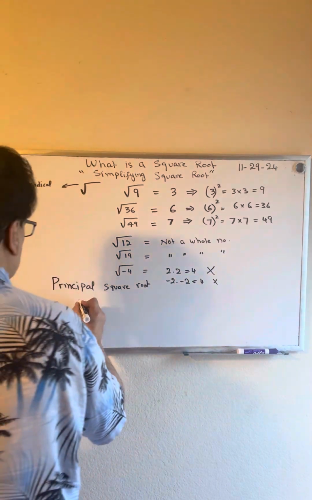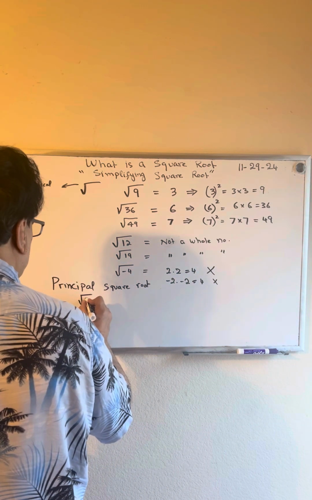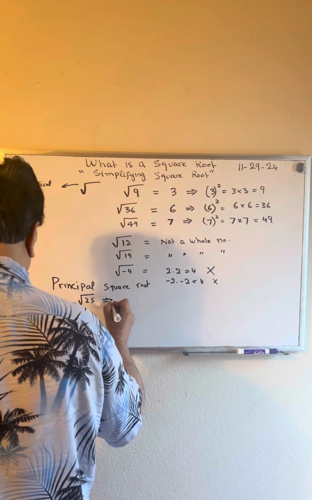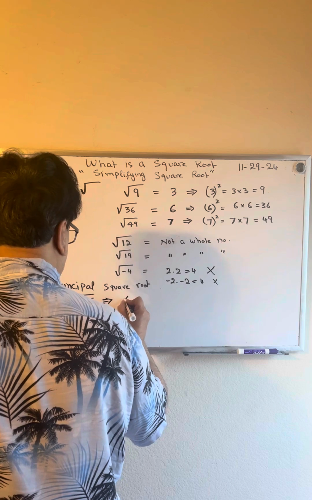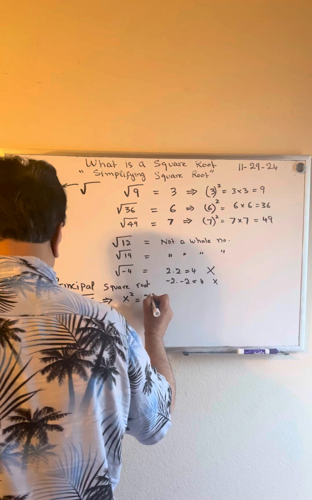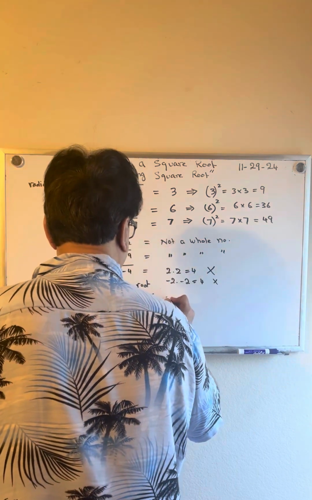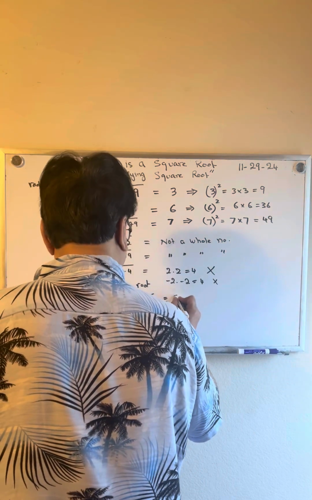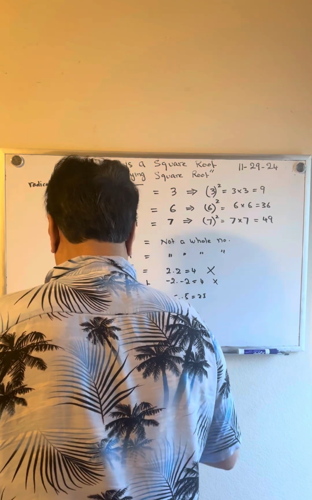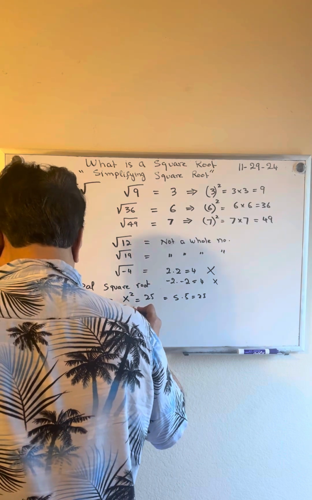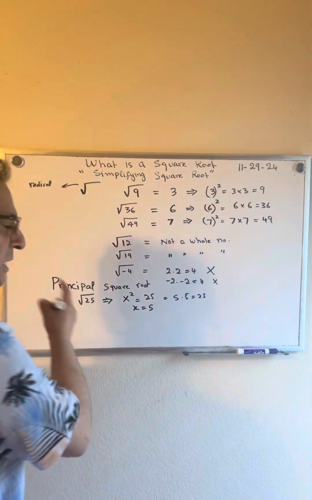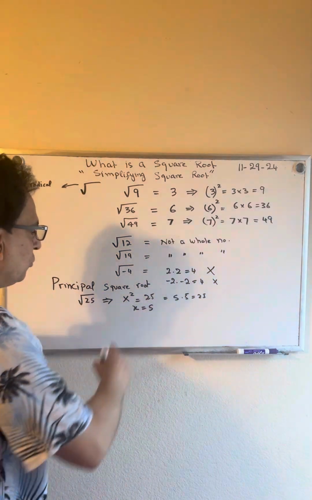So let's say I have the square root of 25. Then x squared is equal to 25, which is 5 times 5, equal to 25. So x equal to 5 satisfies the condition because 5 times 5 is 25.